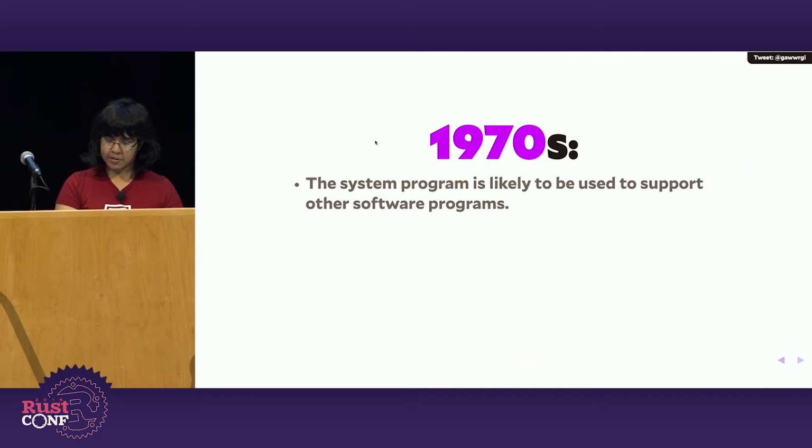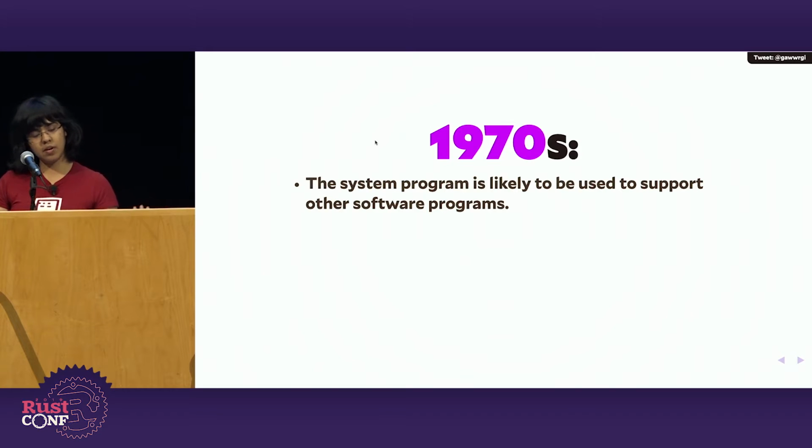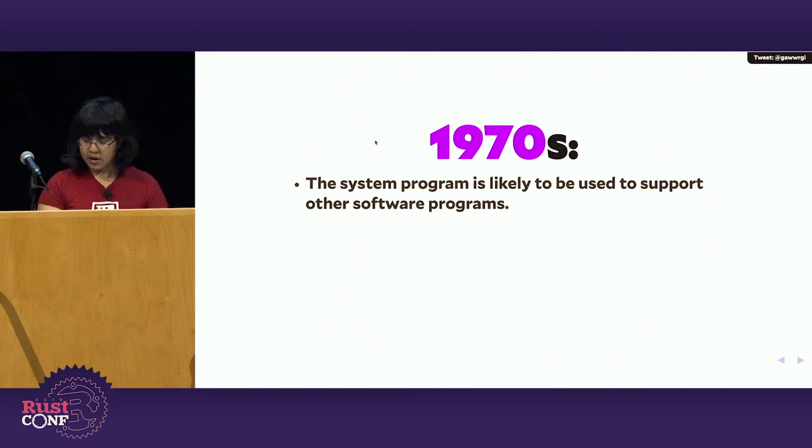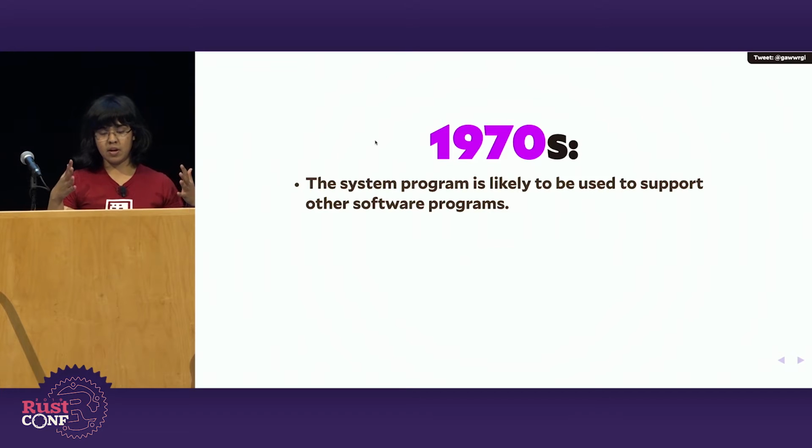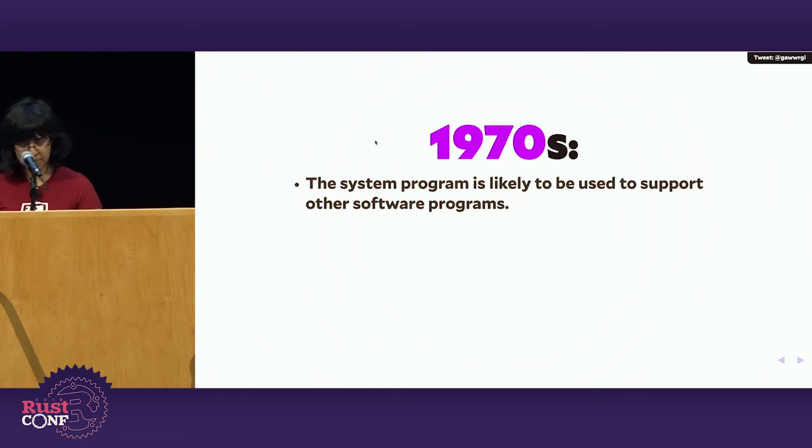And then the author goes on to define what a system program is. A system program is likely to be used to support other software programs. This system program can be an application in itself, or it can be used to support something else.